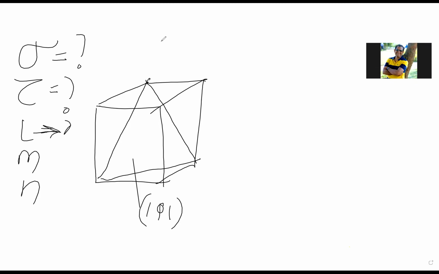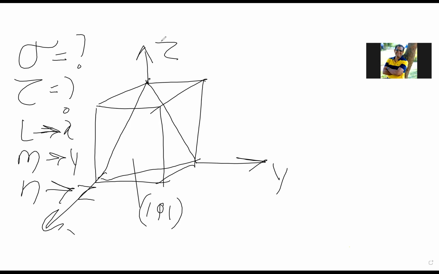L is for the x-axis, M is for the y-axis, and N is for the z-axis, the cosine of the angle between the z-axis and the normal. Looking at this figure, this is our plane, this is our y-axis, this is our z-axis, and this is our x-axis. So these are the axes here.